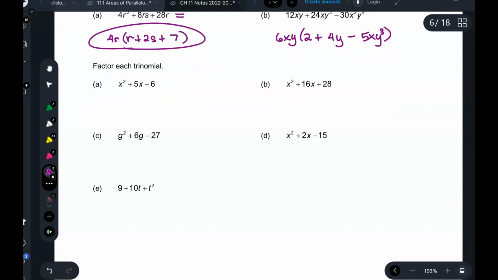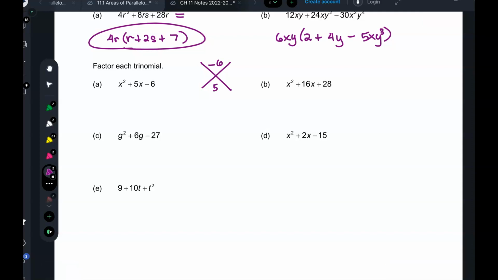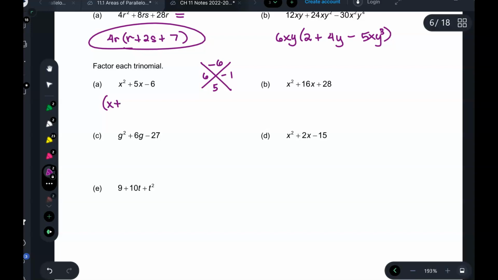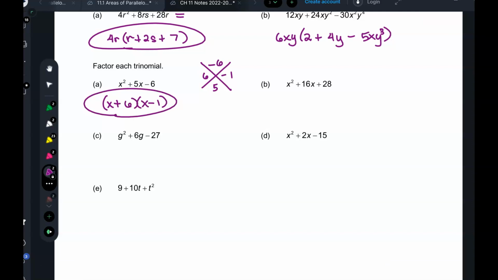trinomials. Remember, this is where we're looking for two numbers that multiply together to give us... X plus 2, X plus 1. Wait, one has to be plus, one has to be minus, right? X plus 6 and a minus 1. What is that diamond from? Some middle school teachers will use this method.